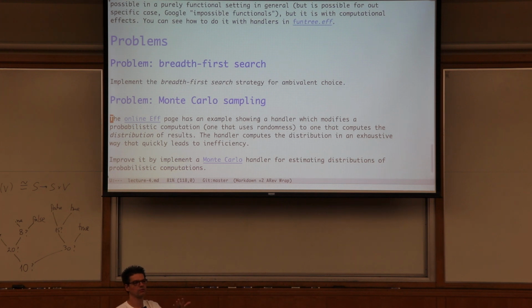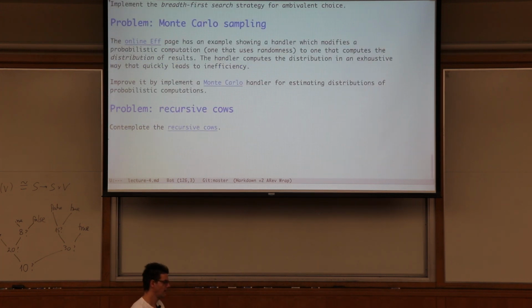But this is exponential in the number of coin flips. So it's not going to work well when you flip lots of coins. So maybe there should be handlers that do this in a statistical way, so that you can have a trade-off between time and how good your estimate of the distribution is. And then the last one is that you should contemplate the recursive cows.